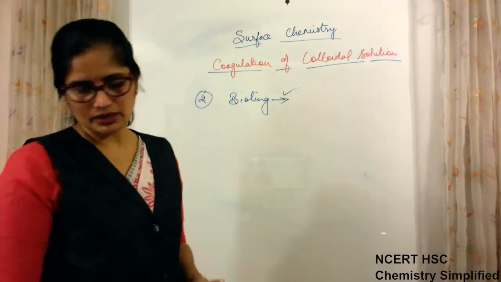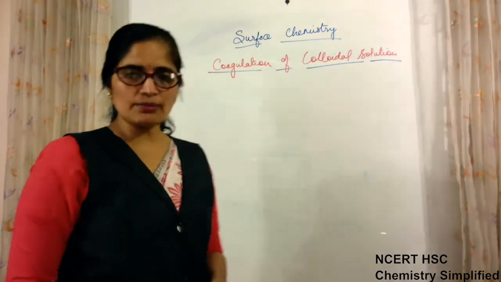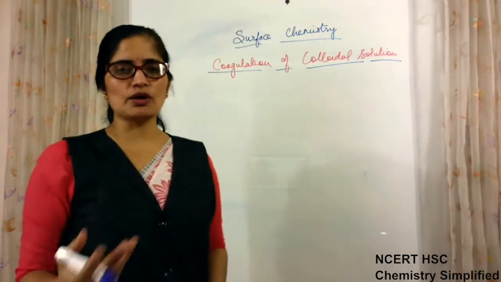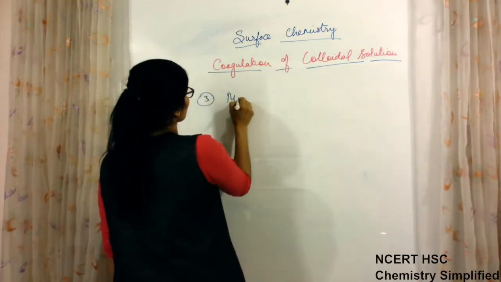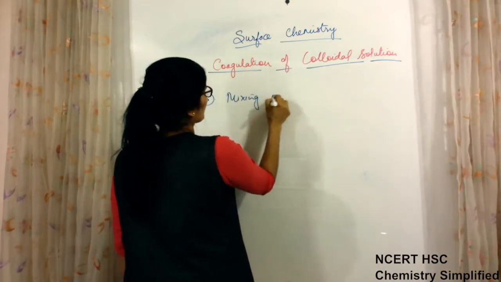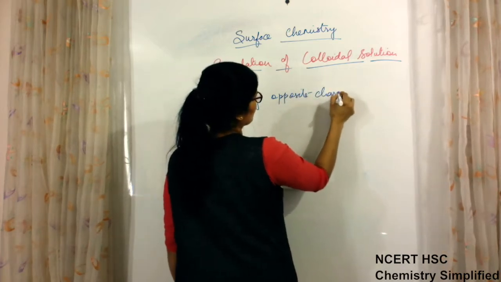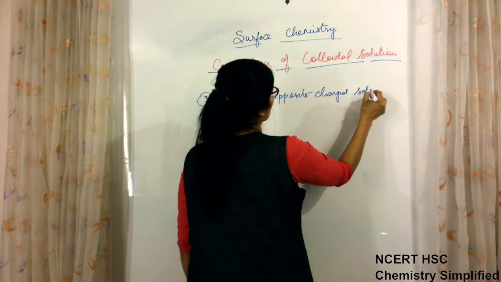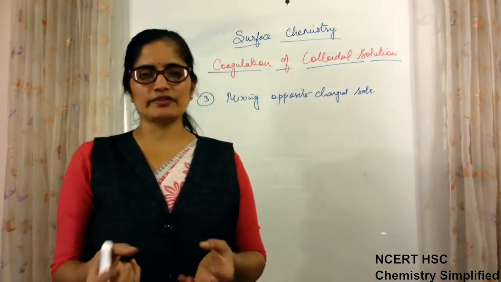The third method is mixing oppositely charged salts. Okay, some of the salts have positive charge, some of the salts have negative charge. If oppositely charged salts are mixed together, then they will coagulate.